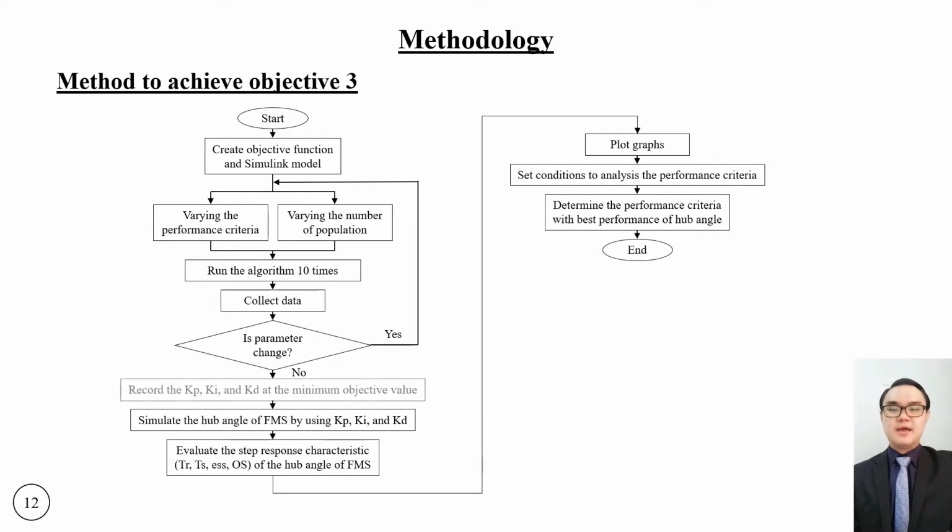The KP, KI, and KD with the best objective value are selected and used in the simulation for the half angle of the FMS. The step response characteristics refer to the rise time, settling time, steady state error, and overshoot. Thus, the step response characteristics can be evaluated after the simulation is done. Besides this, the best half angle performance of the FMS can be concluded by setting conditions to analyze the performance criteria.